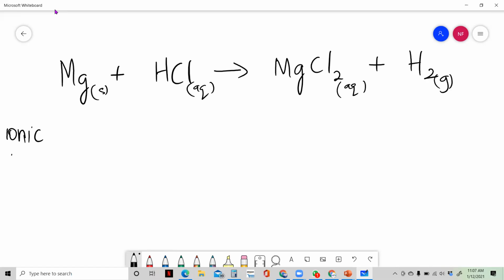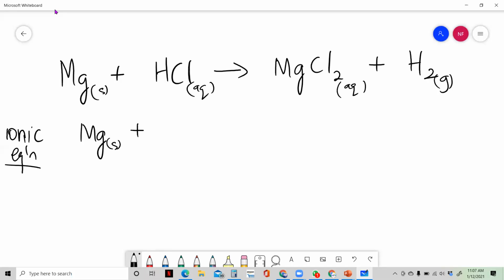We're talking about writing ionic equations. So let us try that. Magnesium is in solid state here. Am I going to change this or write this out as an ion? I'm going to make it stay as it is. Very good. This is going to remain.